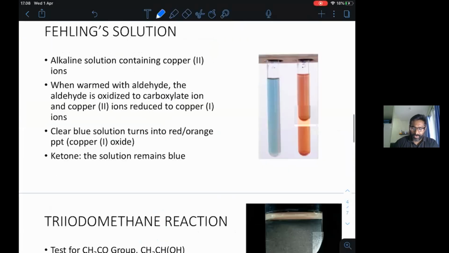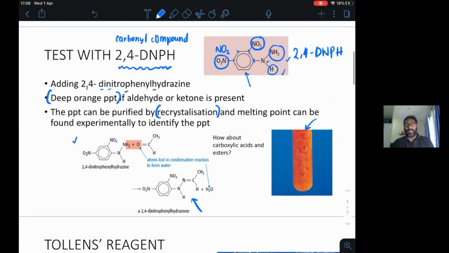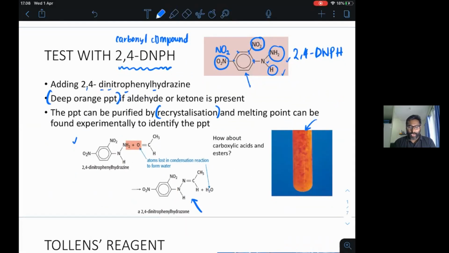If I go again to the previous slide, what is going to happen? If you have a carbonyl compound, let it be aldehyde or ketone, a condensation reaction is going to happen. What is a condensation reaction? Water will be released.